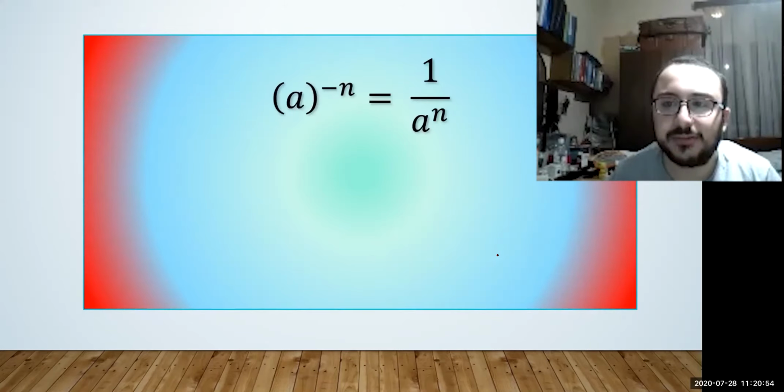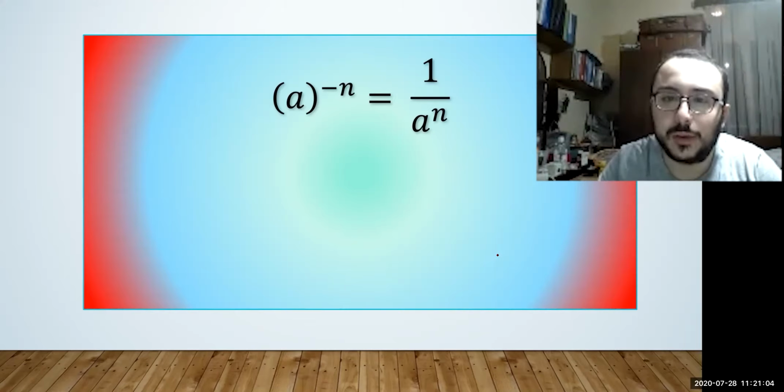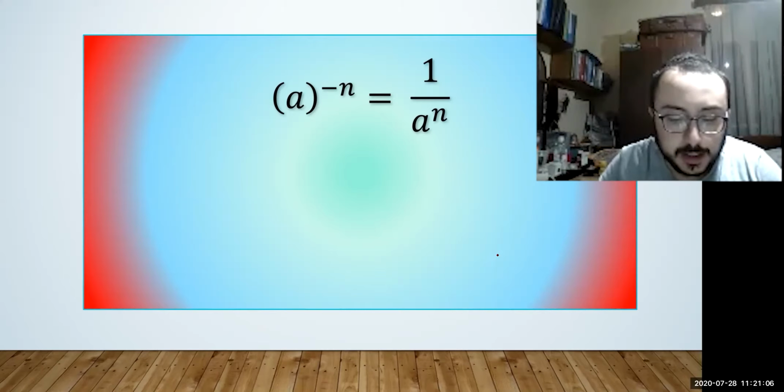And when you have a negative power, for example, a power minus n, it's actually equal to 1 over a power n. A few minutes ago, you obtained on the calculator 1 over 27.